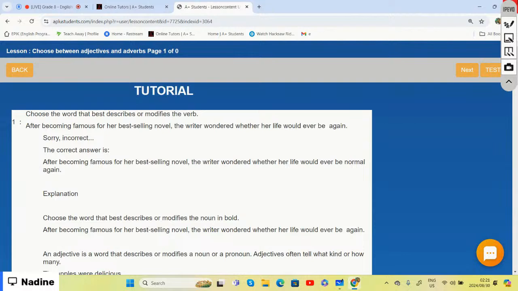It says, after becoming famous for her best-selling novel, the writer wondered whether her life would ever be again. So we need to choose a word that best describes and modifies a verb.